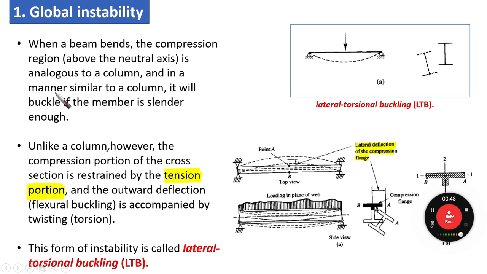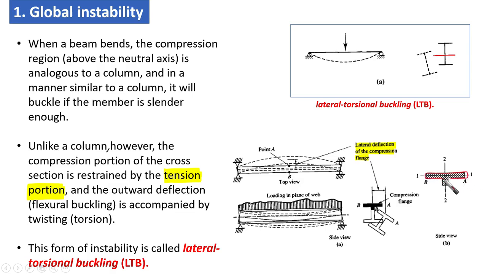Okay, so regarding global instability, whenever we have a beam, as you can see here, and this beam bends, the compression region of the flange above the neutral axis, if we say this is the neutral axis, the compression part is this part, which you can see in this figure.